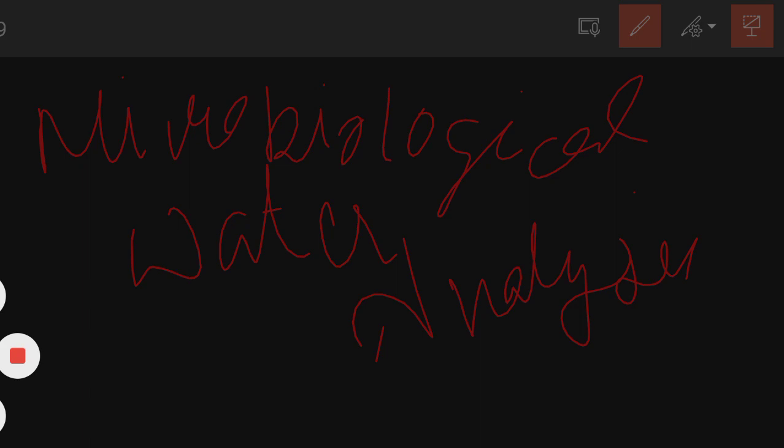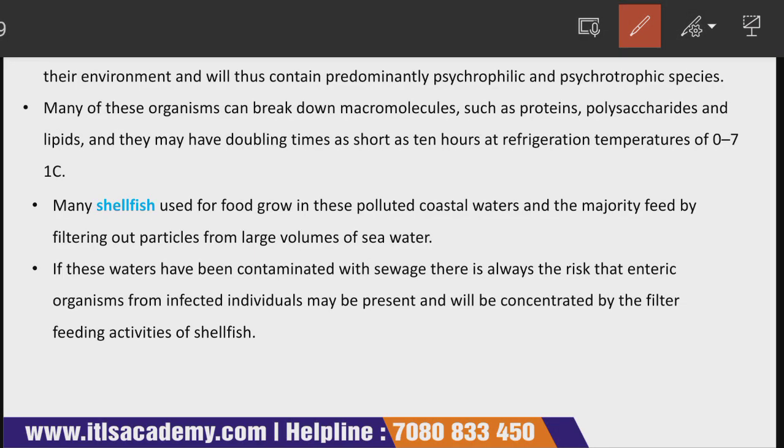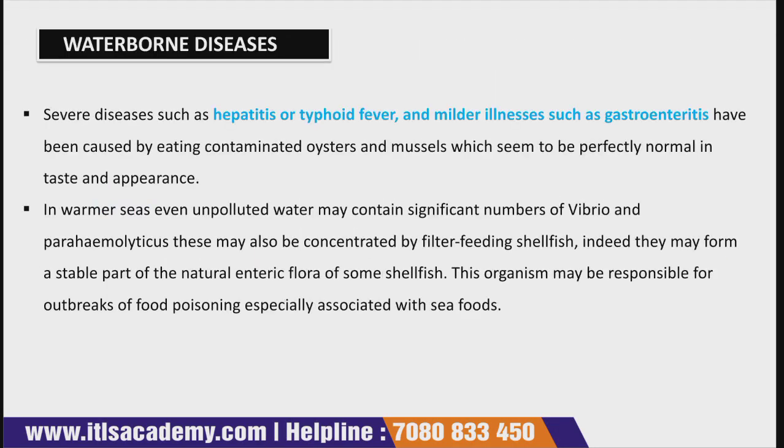Now moving to the next, waterborne diseases. Severe diseases such as hepatitis or typhoid fever, or milder illnesses such as gastroenteritis, have been caused by eating contaminated oysters and mussels, which seem to be perfectly normal in taste and appearance.